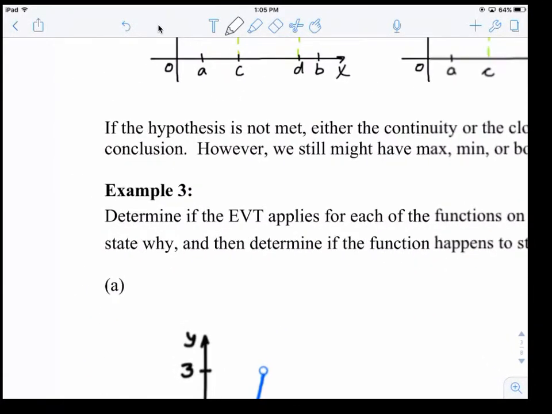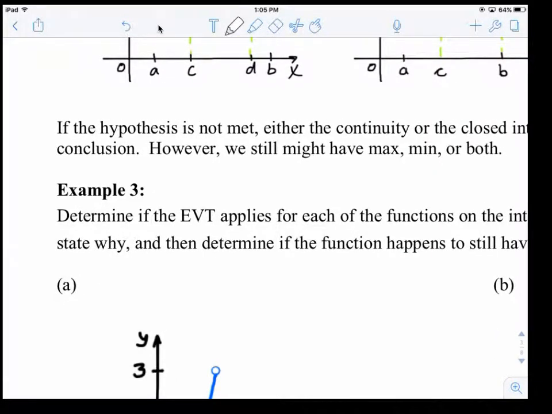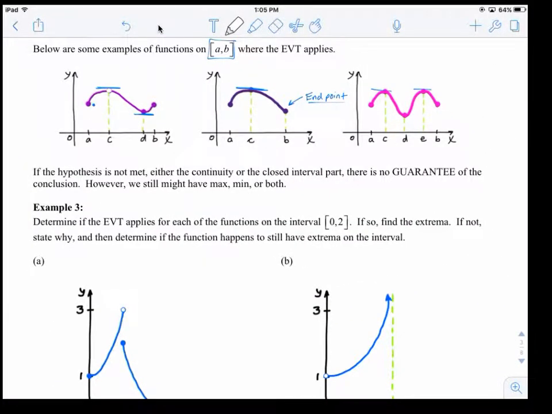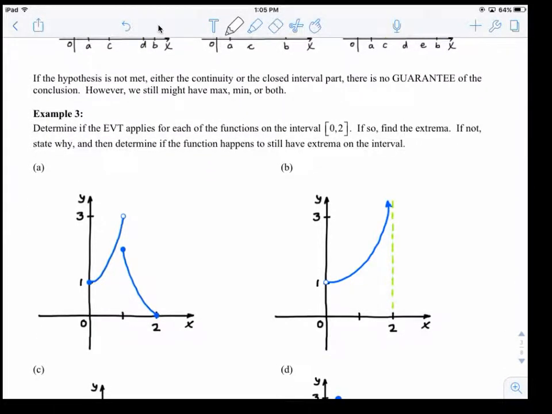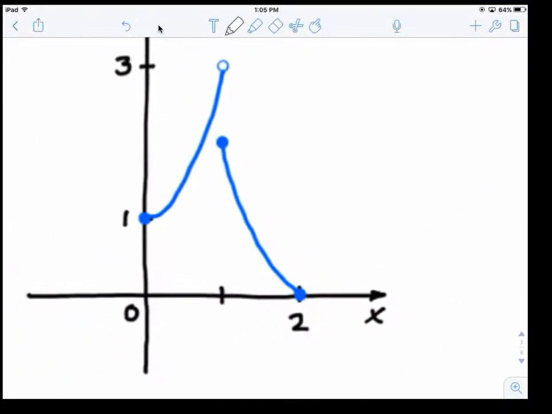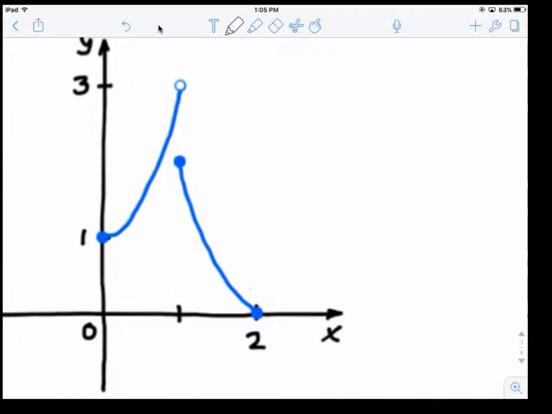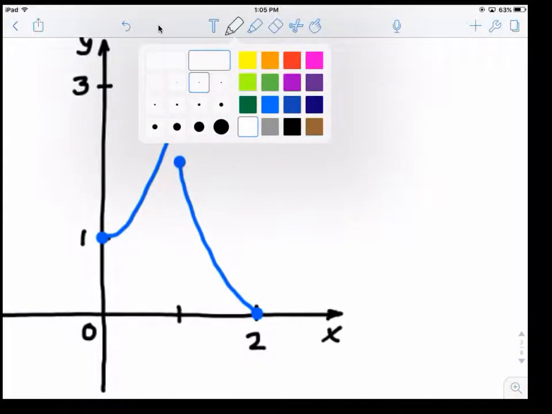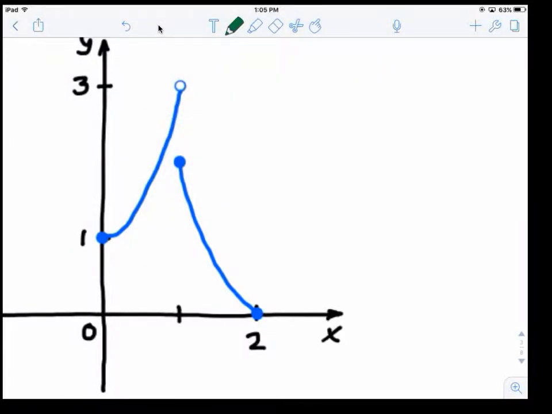All right, so it says determine if your EVT applies from 0 to 2. If so, find the extrema. If not, state why, and then determine if the function still appears to have extrema. Okay, so from 0 to 2, will the EVT apply? No, why not?